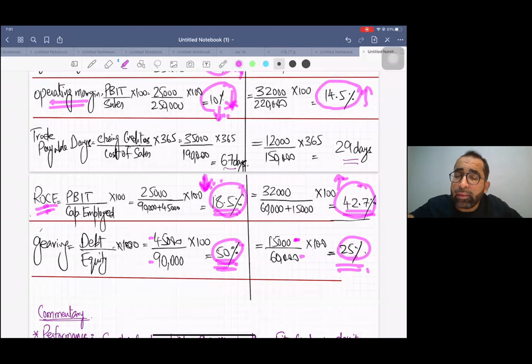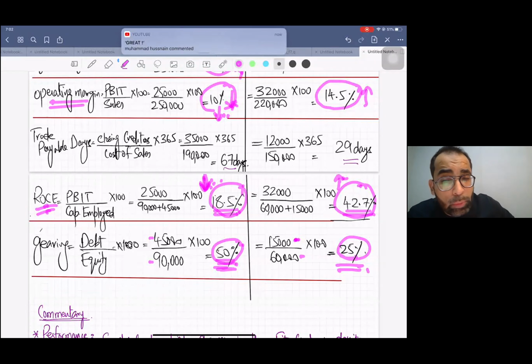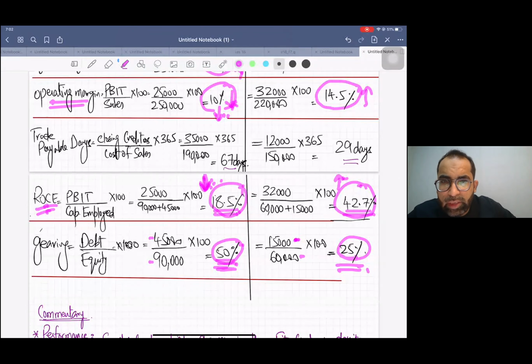First reason: when you are highly geared, you have taken a lot of loans, and loans always come with a repayment date. You need to prepare yourself for the repayment. If you don't repay the loan on time, your company will be no more. So this is the first risk.